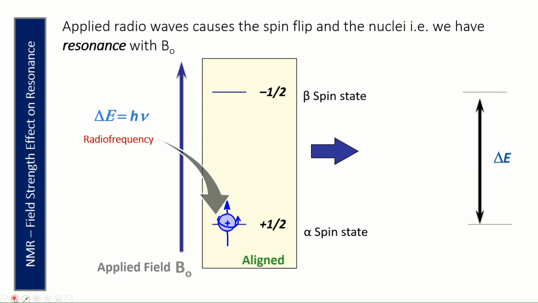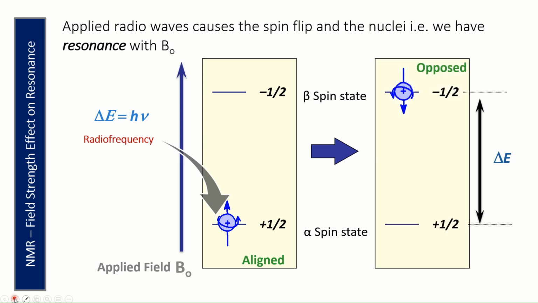This is going to be in the radio frequency, and that will excite our species in the ground state, or the lower alpha spin state, to the opposing beta spin state. We say here that we have had a spin flip. A spin flip is really when we have a nucleus in resonance.